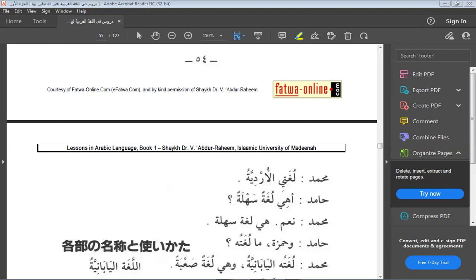Sittatun is feminine. So if I want to count brothers, brothers are masculine, then I'll use the feminine number, sittatun. So I want to say I have 6 brothers. Li sittatu ikhwatin.